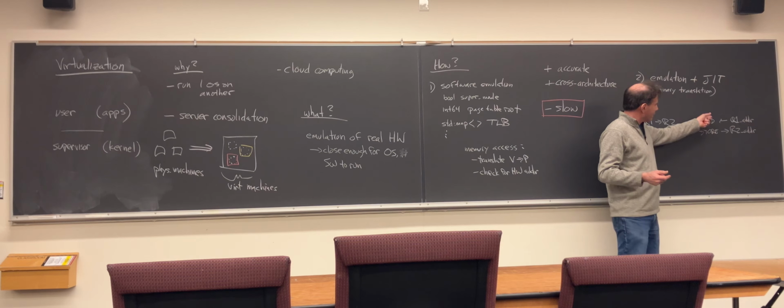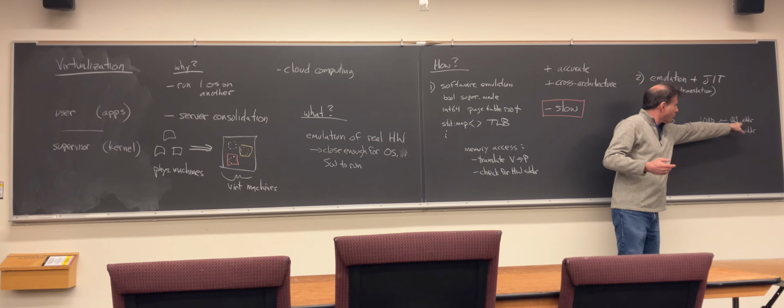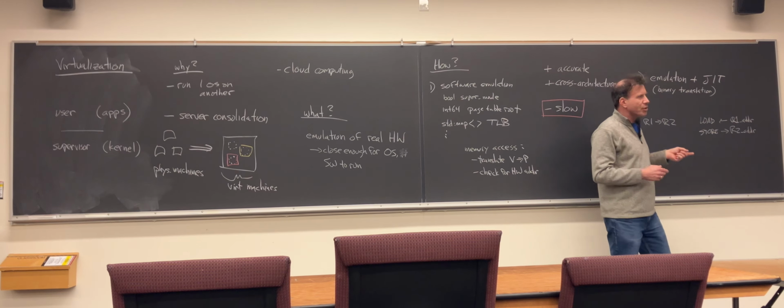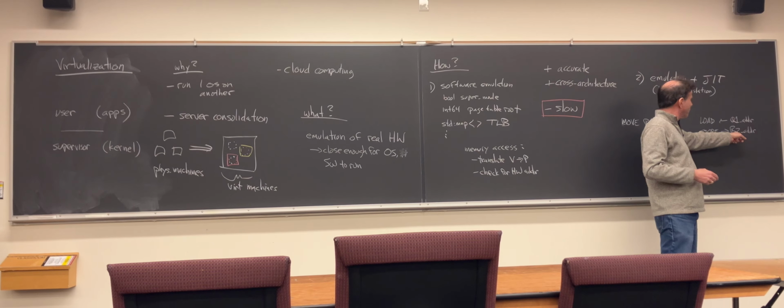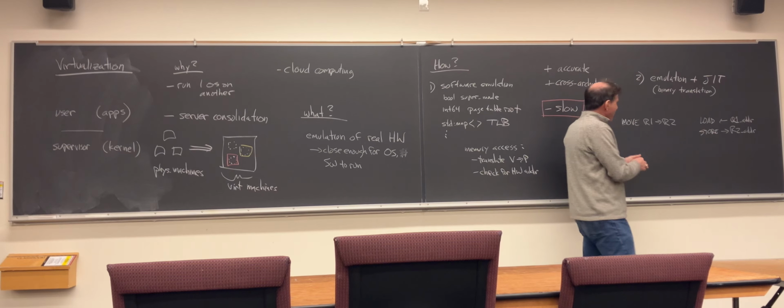And that's going to translate into instructions that load a real CPU. The compiler will generate instructions to load a CPU register from the memory location that's holding our emulated register 1 and store it where our emulated register 2 is.